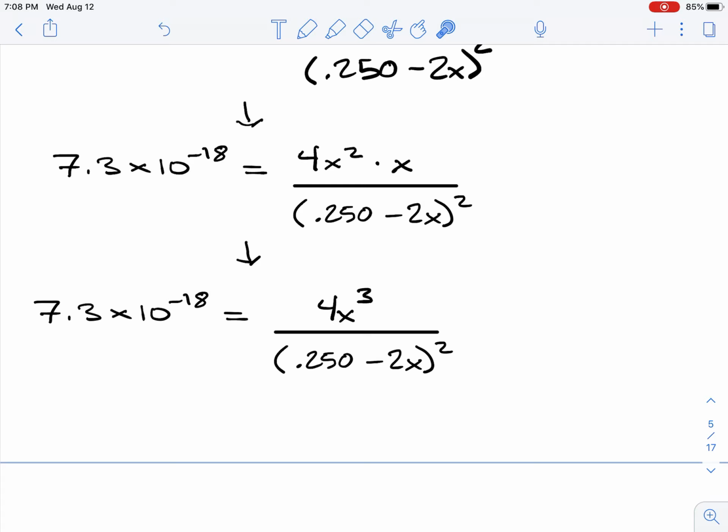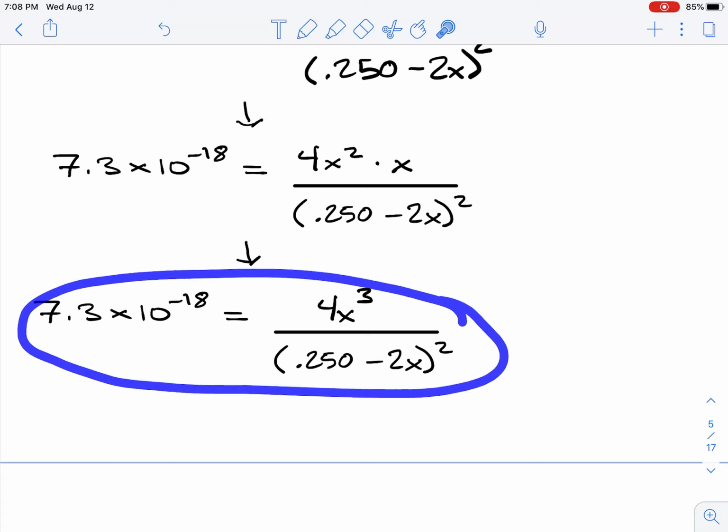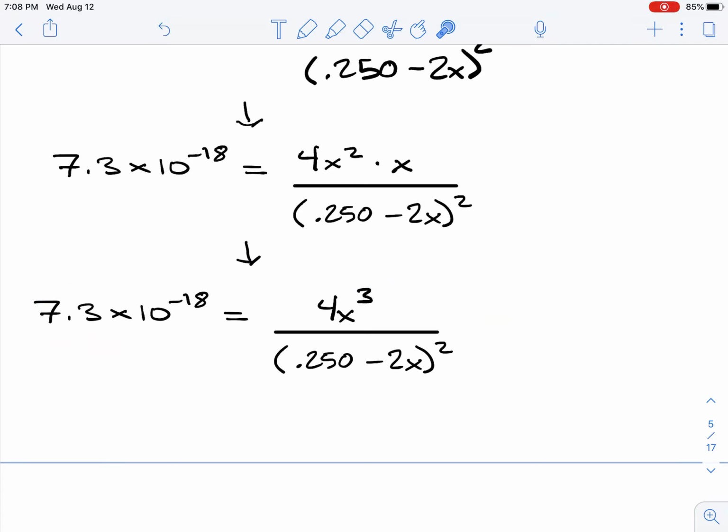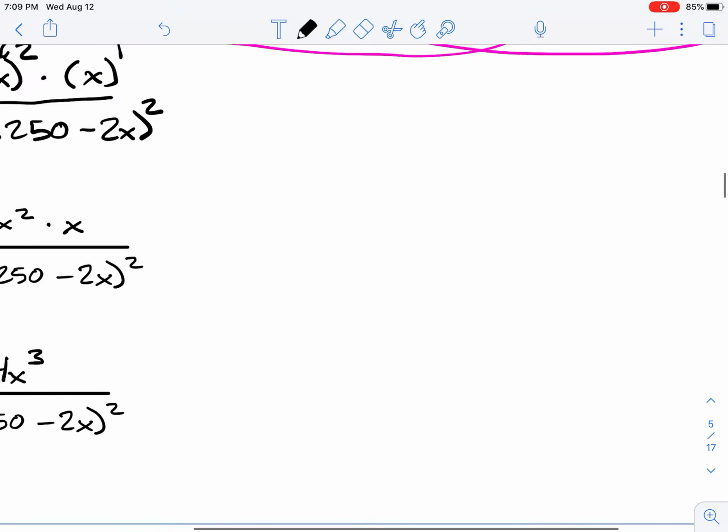However, we can actually simplify this whole expression if we pay attention to what the Kc value is. And so if you recall, I'll go ahead and put it off to the side over here.